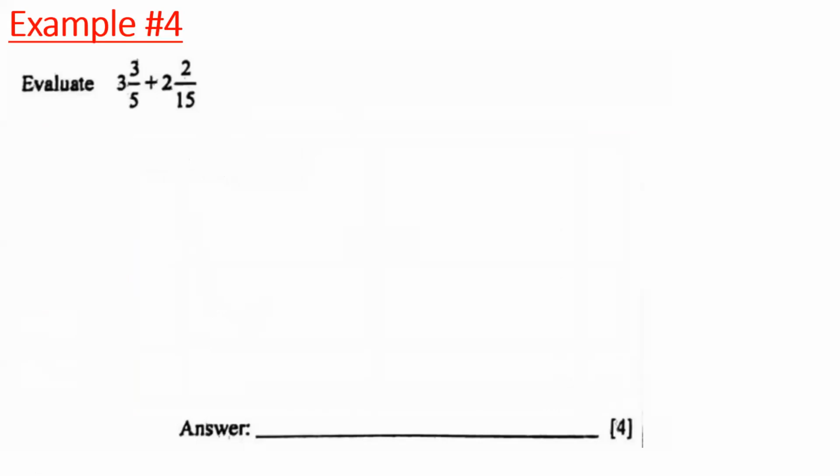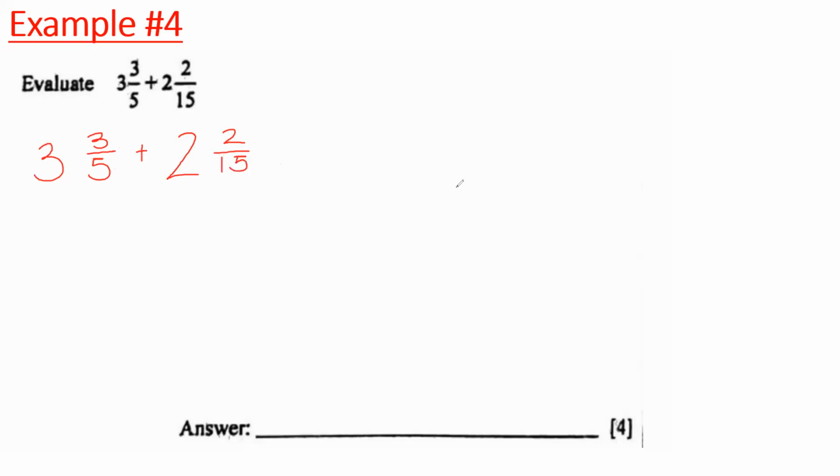So let's go ahead and try that. First, let's write down the question. We have 3 and 3 over 5, plus 2 and 2 over 15.